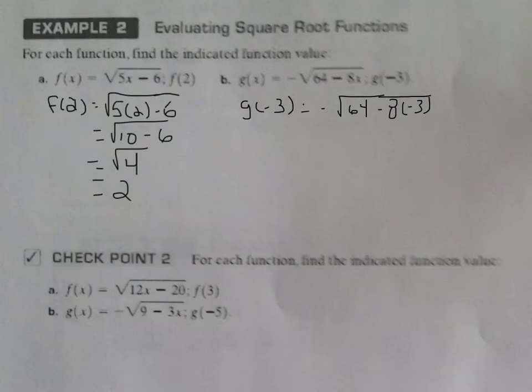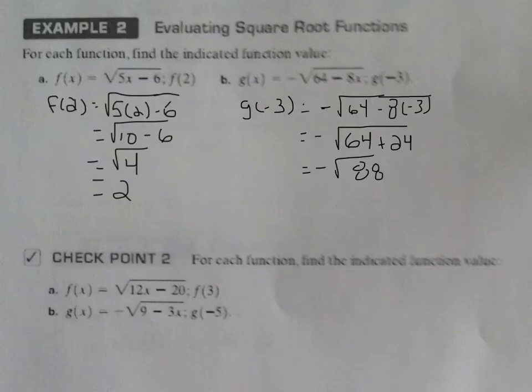And again, underneath one radical, we can multiply and we can subtract. We're going to get negative the square root of 64, and we got a -8 times a -3. That's going to be a plus 24. Well, 64 and 24, that's the negative square root of 88.